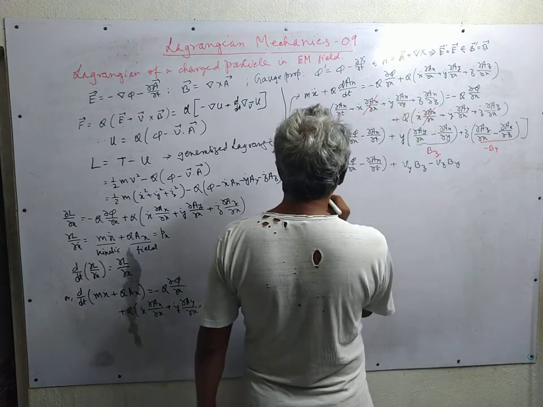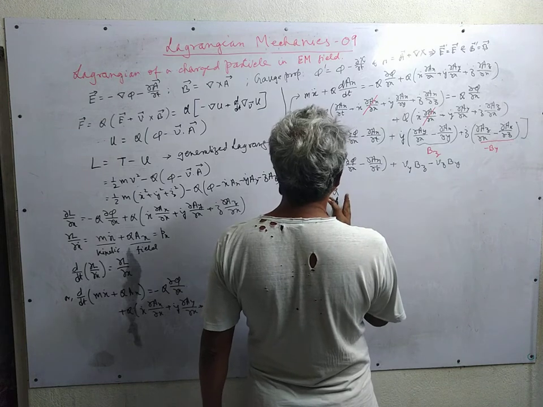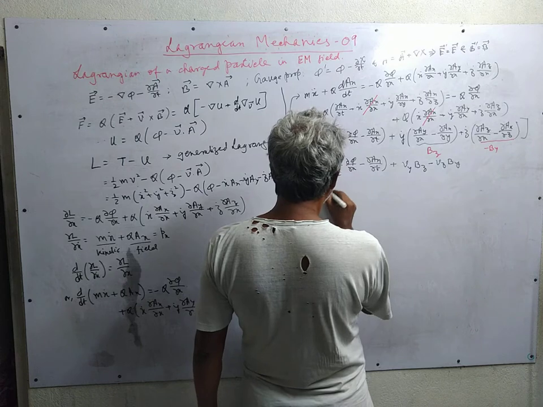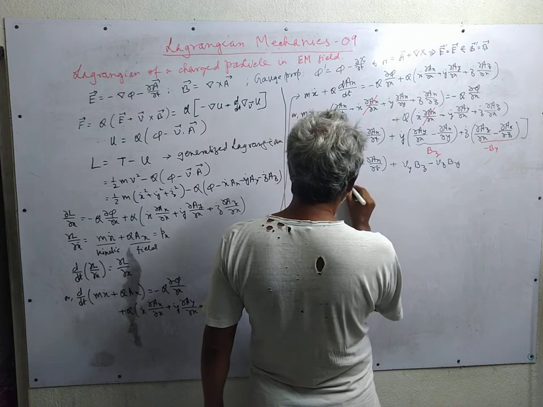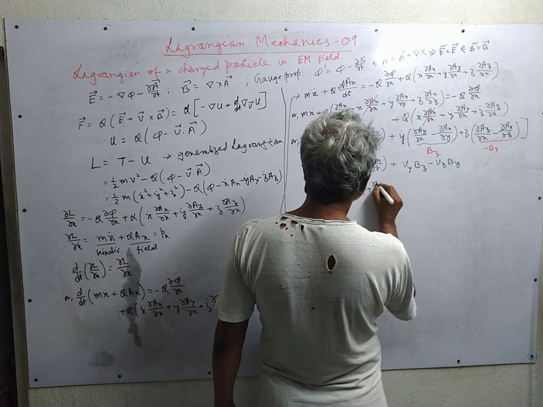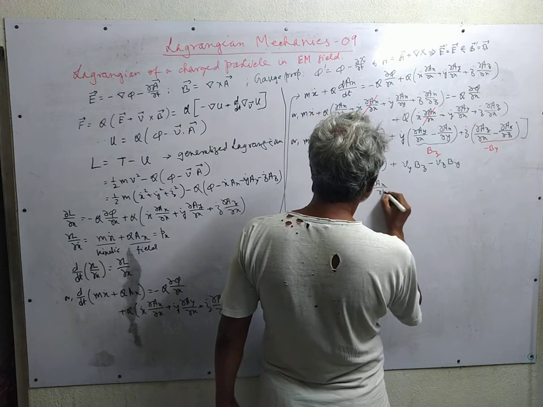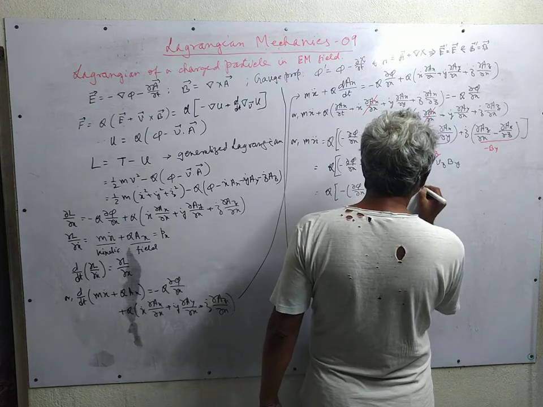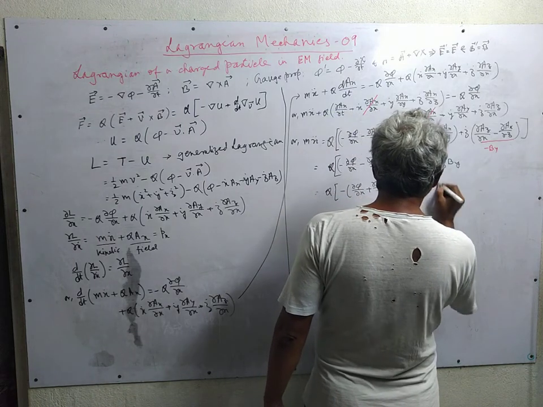So this can be written as q times, sorry, there is no minus, q times v cross B's x component.